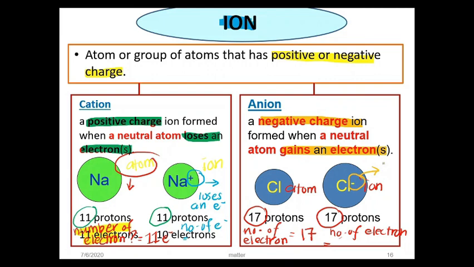Hence, it gains 1 electron, so the number of electrons would be 17 plus 1, which is 18 electrons.